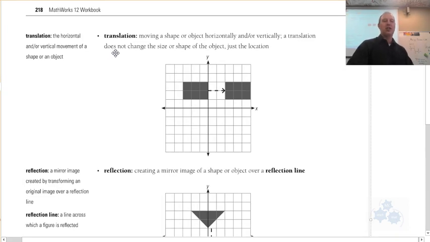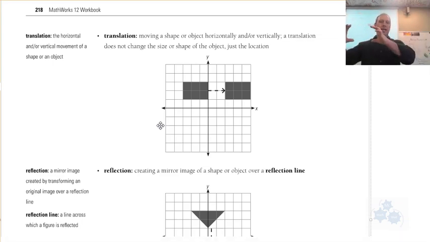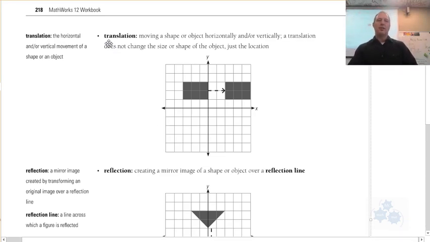So a translation is a horizontal or vertical movement of a shape or object. So the size and the shape remain the same. It's simply moved either left, right, up, or down. So that is specifically called a translation. If you think about it, what's the root of translation?